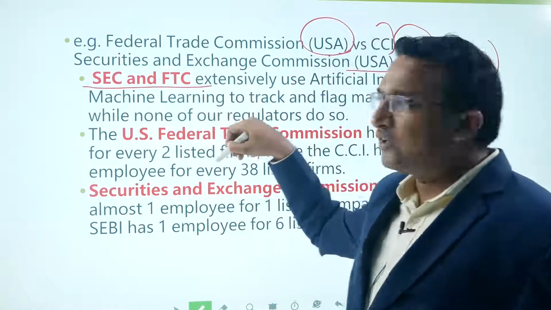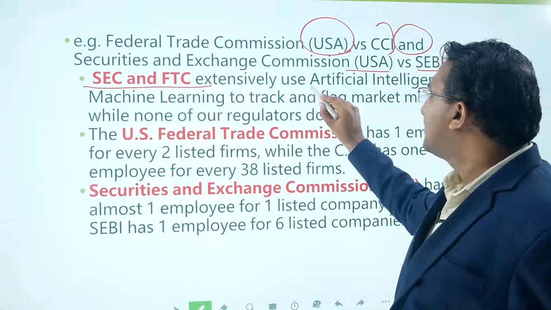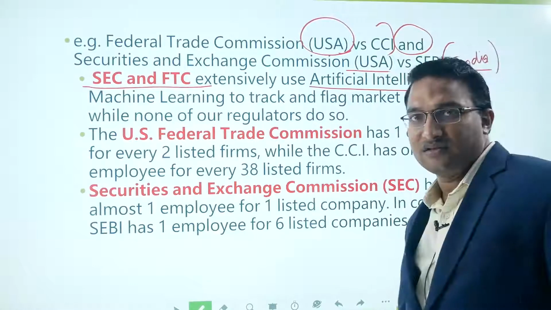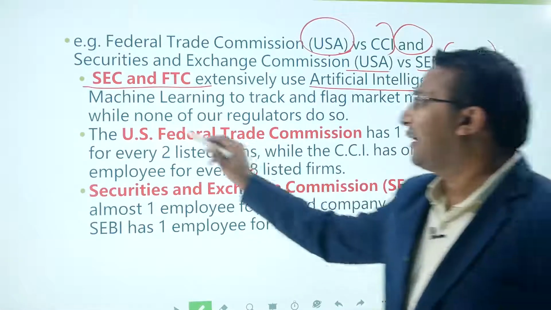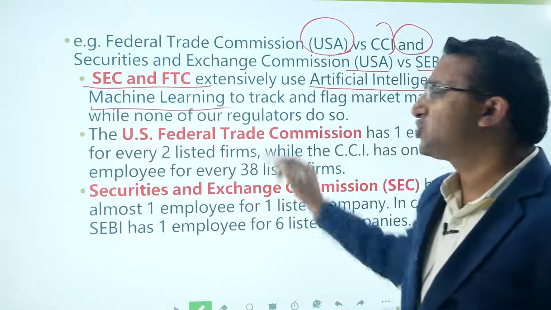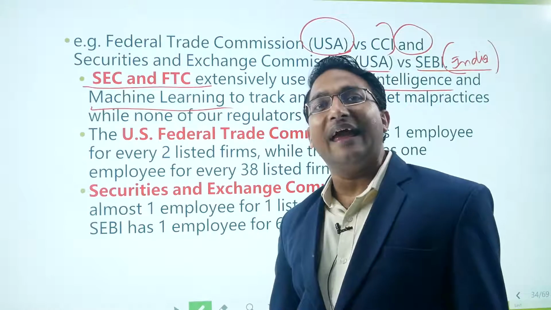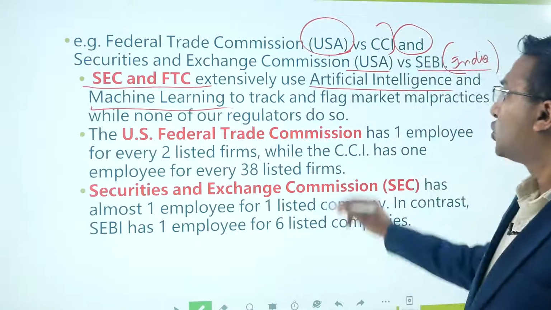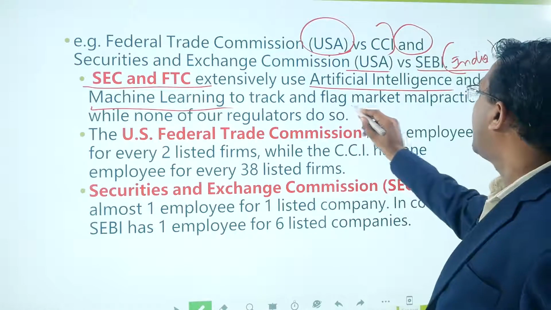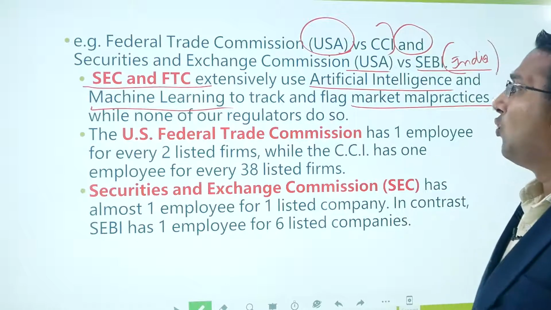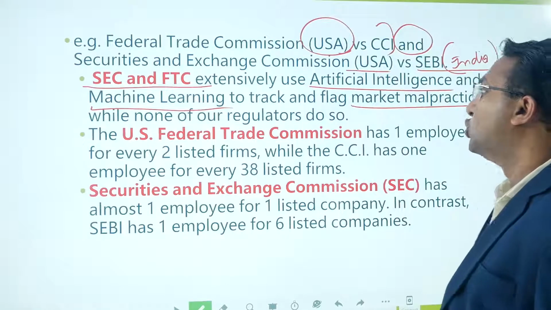These two agencies of the USA extensively use artificial intelligence and machine learning. These are the two most recent technologies which enable mass data processing and quick decision making to track and flag market malpractices, while none of our regulators do so.